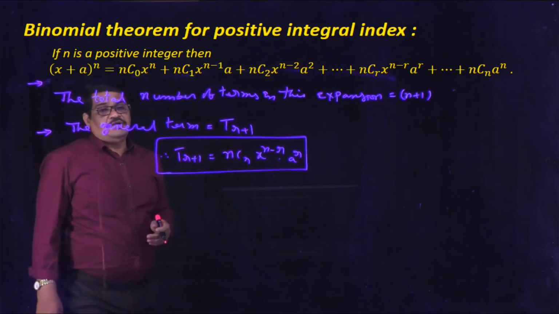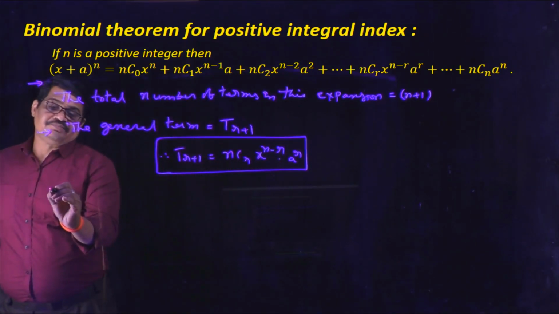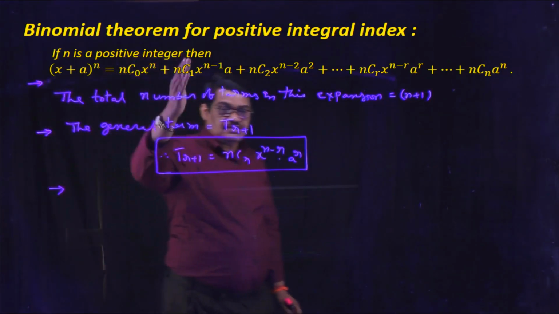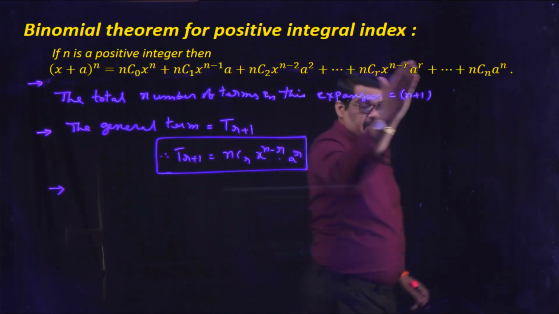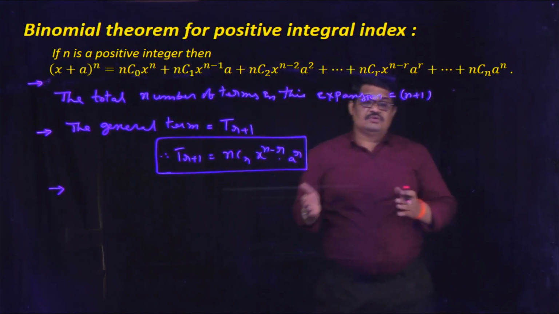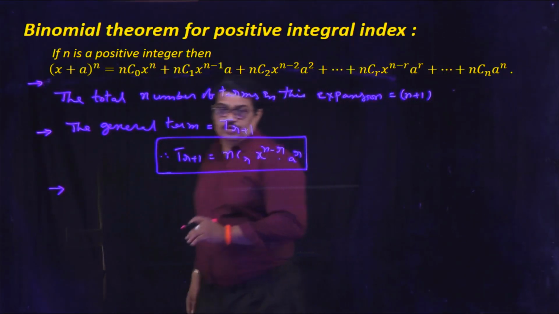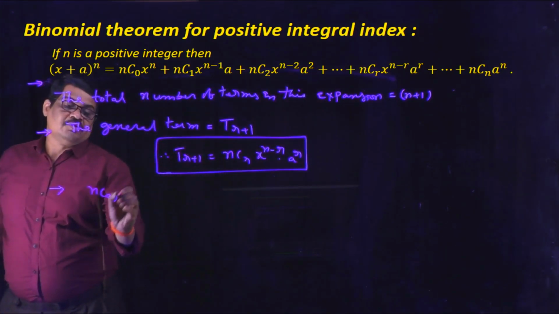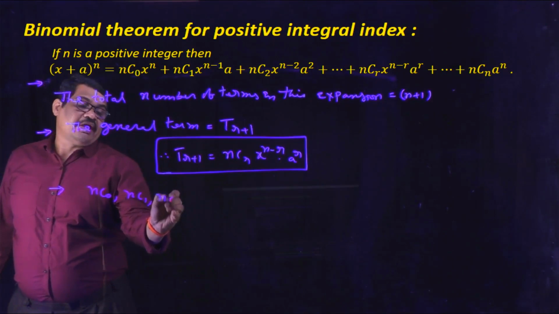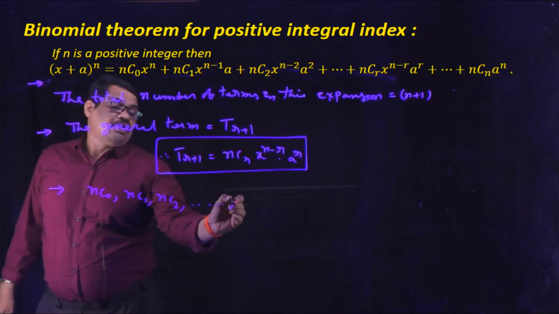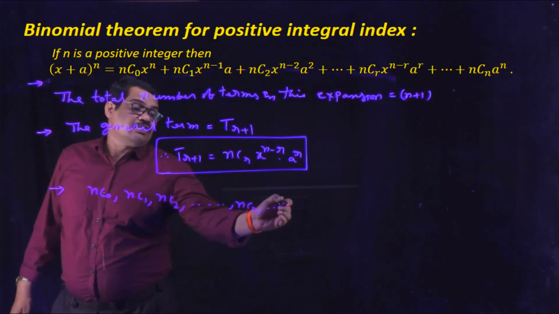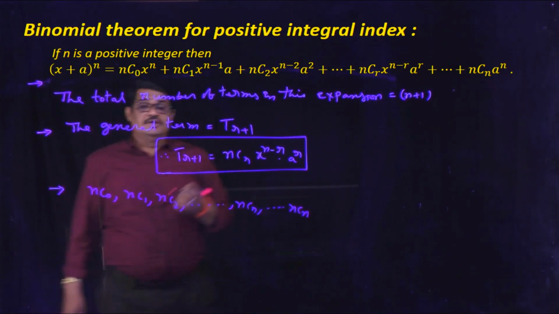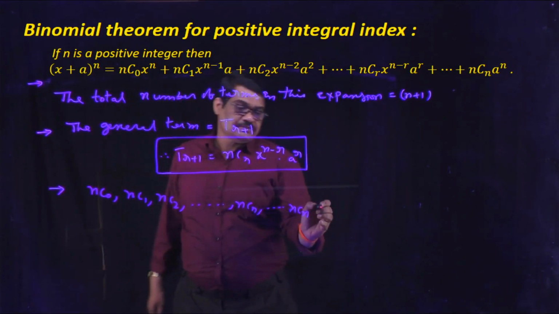The next point we are observing: the coefficients nC0, nC1, nC2 and so on, nCr and so on, nCn are all called binomial coefficients.